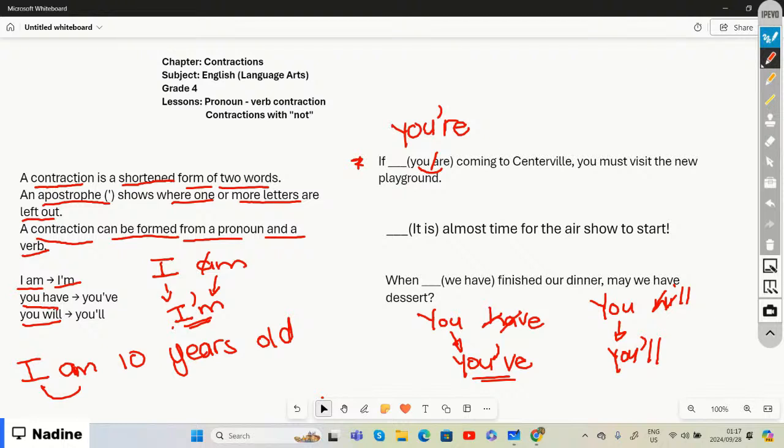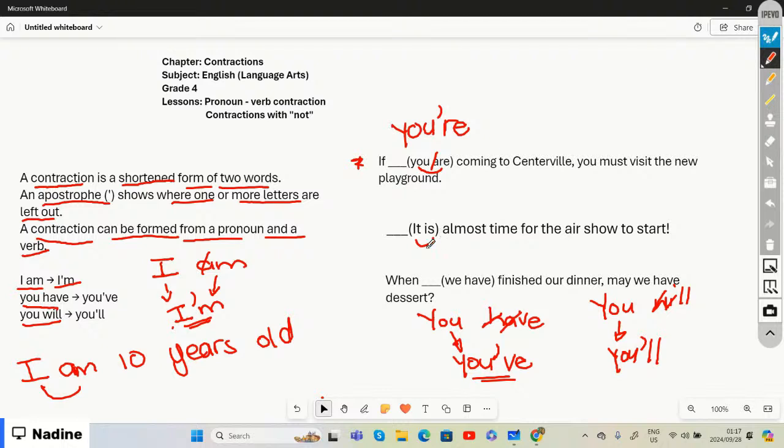If we look at the next one, it says, it is almost time for the air show to start. It is almost time for the air show to start. We need to shorten this word. It is. How are we going to shorten that word?